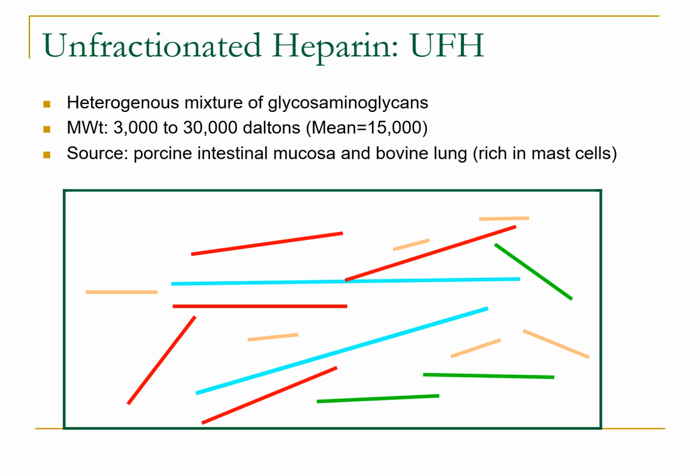So again, unfractionated heparin, as you can see in the green square, we have several lines of different sizes. So it's a heterogeneous mixture of different sizes of glycosaminoglycans, and the molecular weight varies. Those are coming from natural sources, from either the porcine intestinal mucosa or the bovine lung that are rich in mast cells.